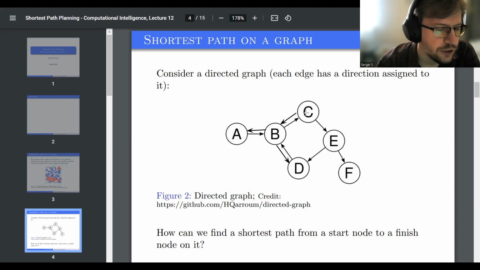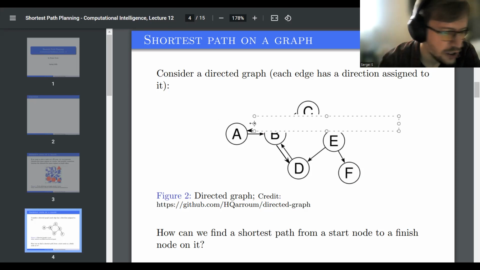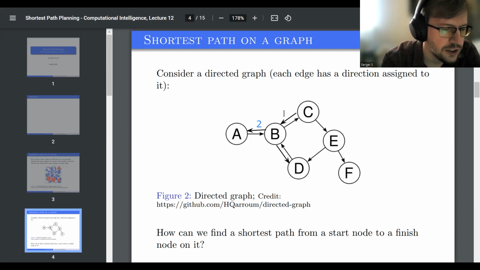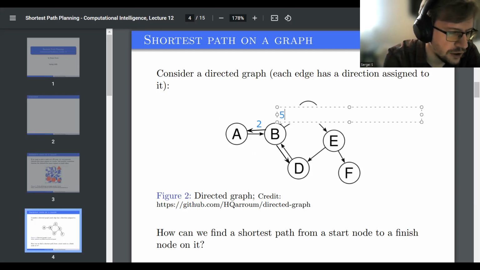Now the question is how to find the shortest path from start to finish. Well, first of all, we will have a cost associated with each of the edges. Let's say the cost of traveling from A to B is 2. Let's say the cost of traveling from B to C is 5.